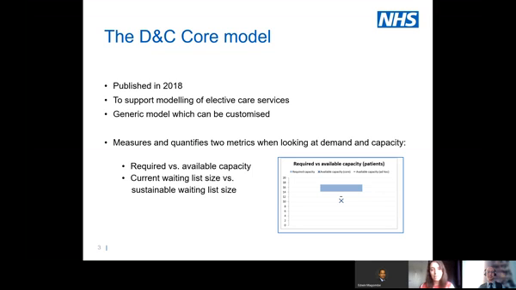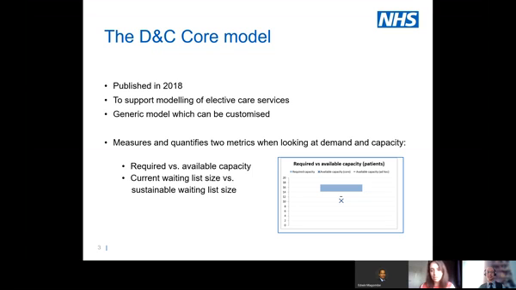As a demand and capacity model, it measures two metrics when looking at demand and capacity. It looks at required capacity versus available capacity. On the bottom right-hand side, you see a small screenshot from the core model. You can see the required capacity that you would need for the service that you are modelling. That's the blue bar on top.